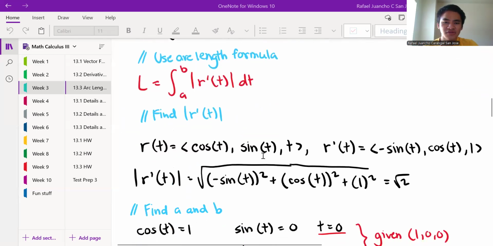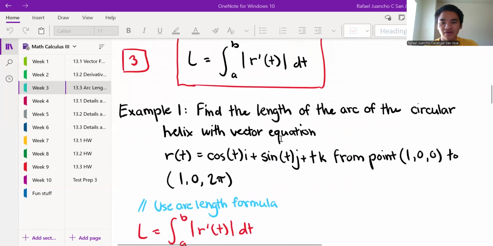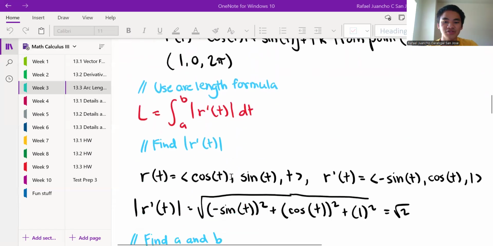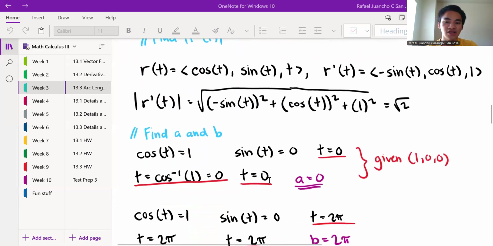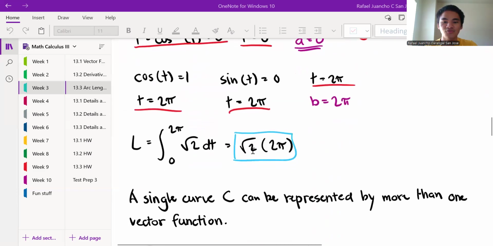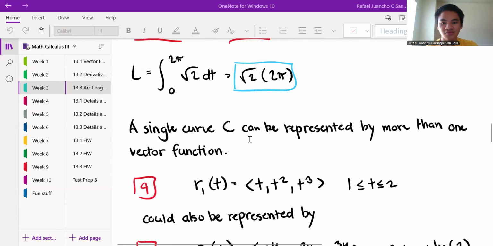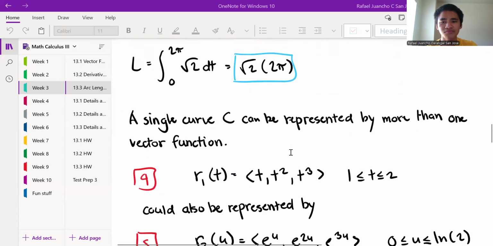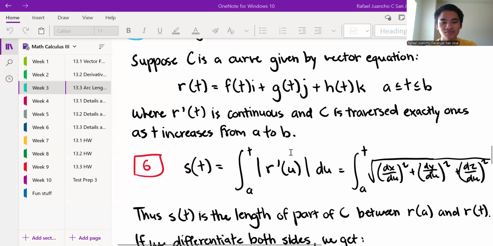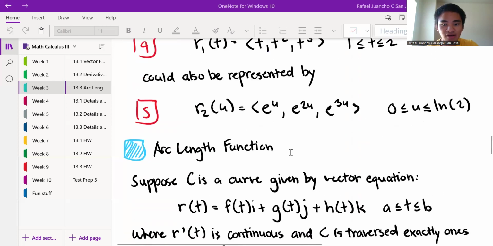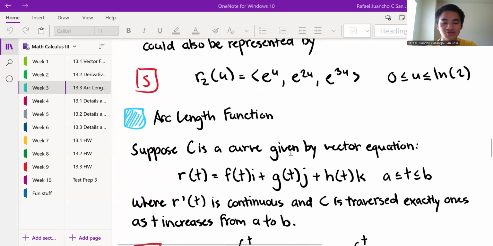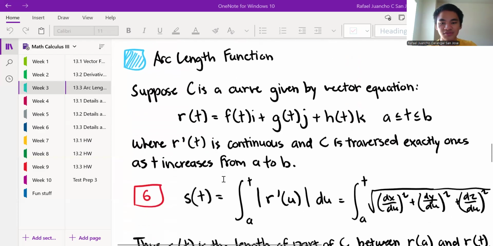And so we did a couple of examples with that, like finding the length of the arc. So here we just simply use the formula, plug in what we have, and at the end, we're going to get a real number. And we also did some examples on how we can use the arc length as a function, meaning its upper boundary is arbitrary, so it's not permanent.